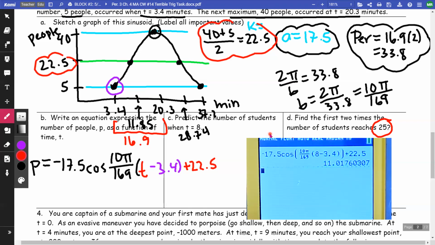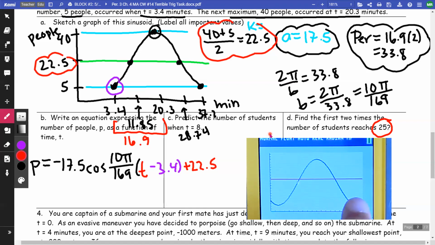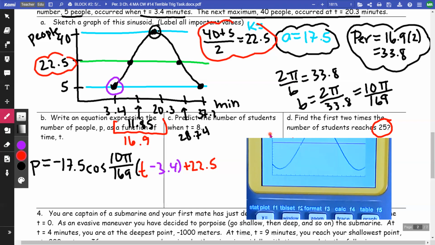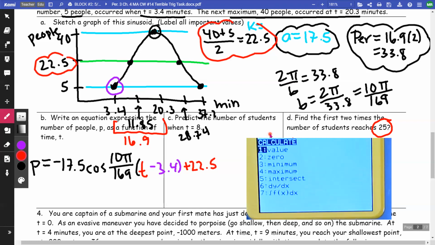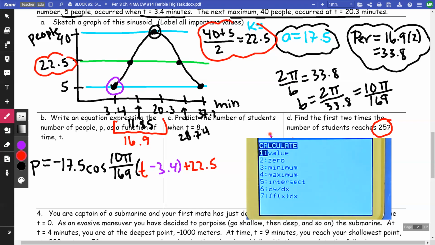But if I'm on that graph screen and that value I want to figure out is physically on my graph, 8 is here because this is going from 0 to 40 is what I went to. Another way to evaluate, on that button that we did intersect, hit second and trace. The very first choice is value.